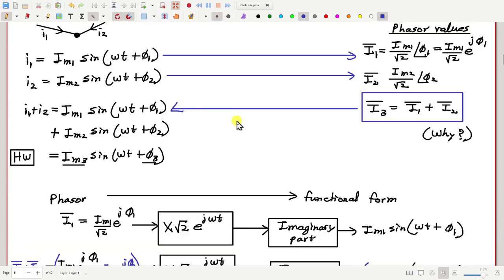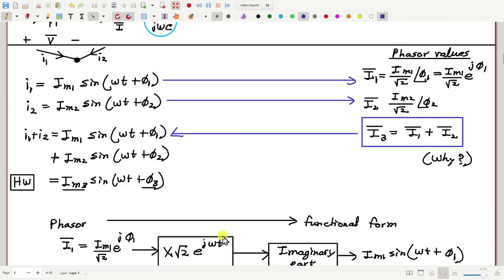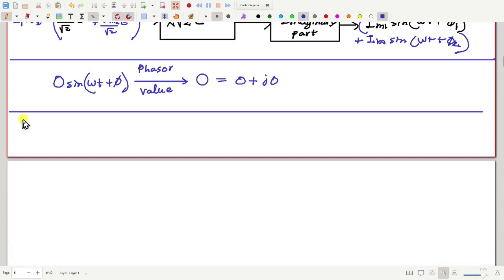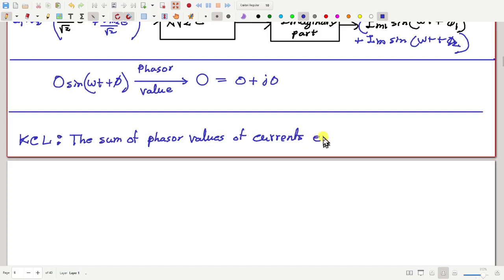Now, with all these observations, we can say that Kirchhoff's current law in an AC circuit, sinusoidal steady state, can be written as: the sum of phasor values of currents entering a node should be equal to 0.